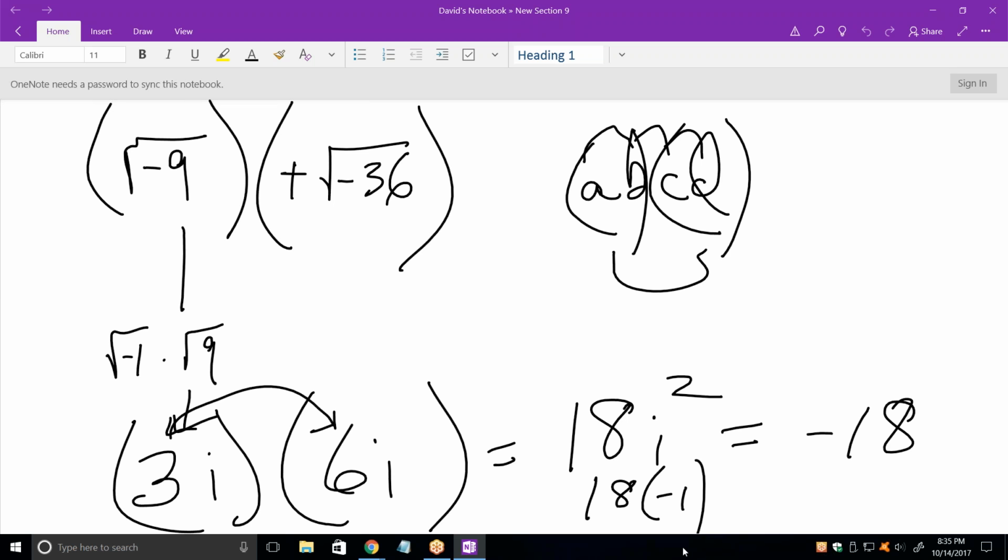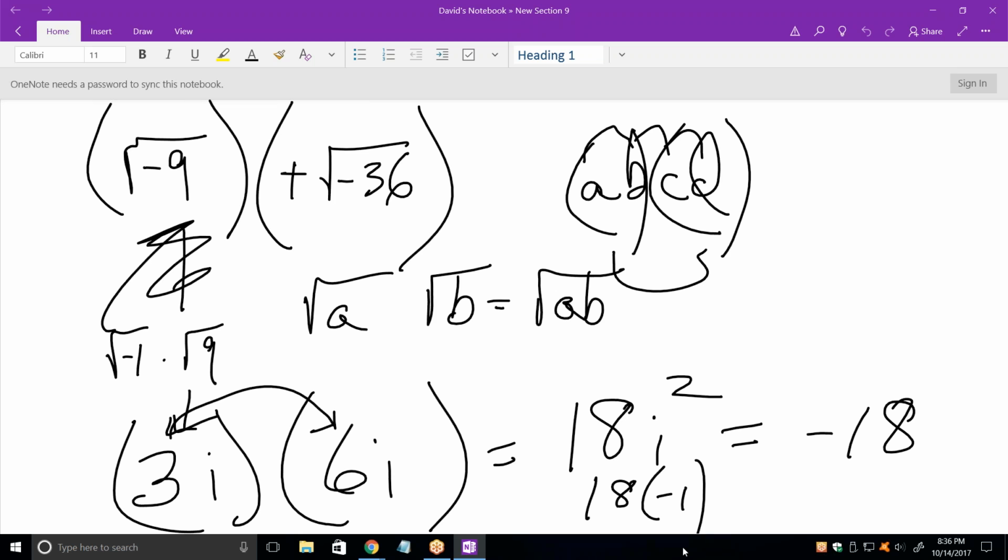Uh-huh. However, if we go back to the original problem, and one were to say, well, we got the square root of a times the square root of b equals the square root of a times b. Well, if I do that with this problem, I get the square root of a positive 324, which gives me a positive 18.